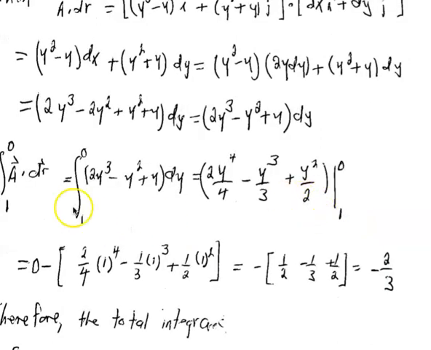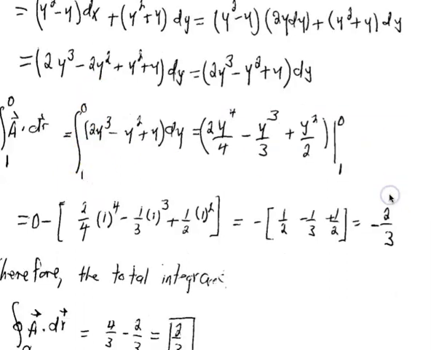But notice now you must have from 1 to 0, not from 0 to 1, because you're now coming back along the closed path. So when you put 0 into the result of the integration, you get 0 there, and then minus each of these terms here, and there we have it.